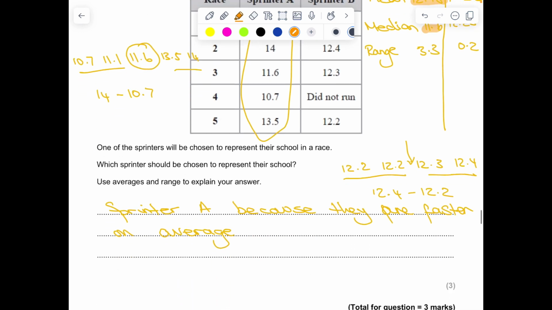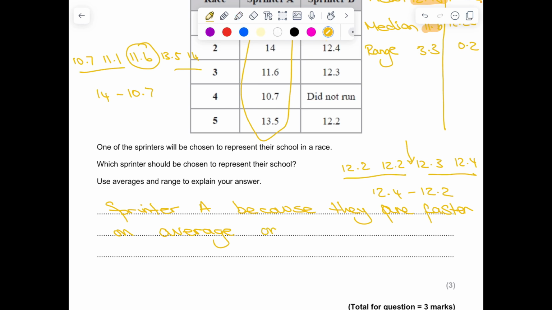Or you would still get marks if you put, I would choose sprinter B because they are more consistent.